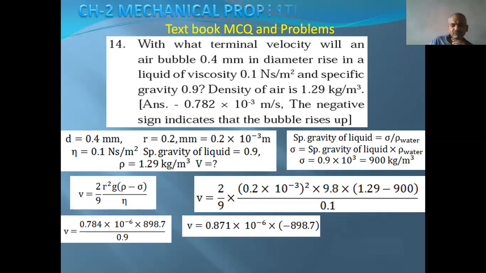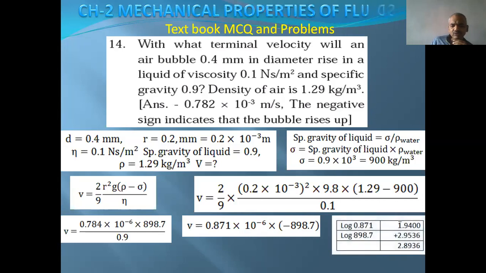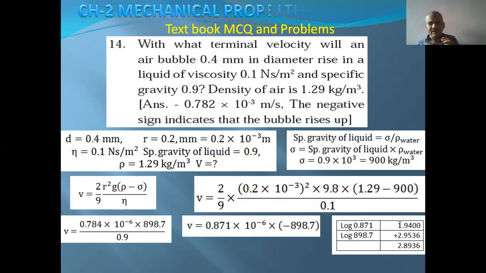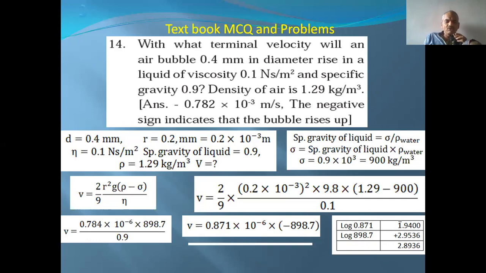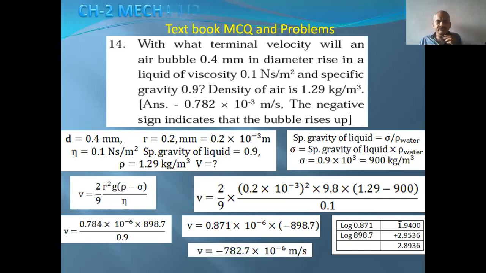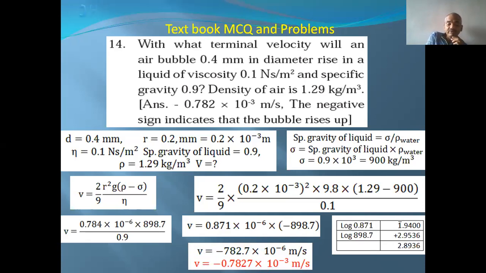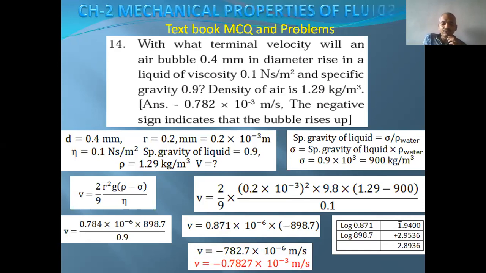898.7. Now this calculation you can do with the help of the log table. Just see the log of these two figures and add them to get the final log. The anti-log of this, you get the final answer as 2780 to 782.7 into 10 raised to minus 6, or it is equal to minus 0.7827 into 10 raised to minus 3 meter per second.